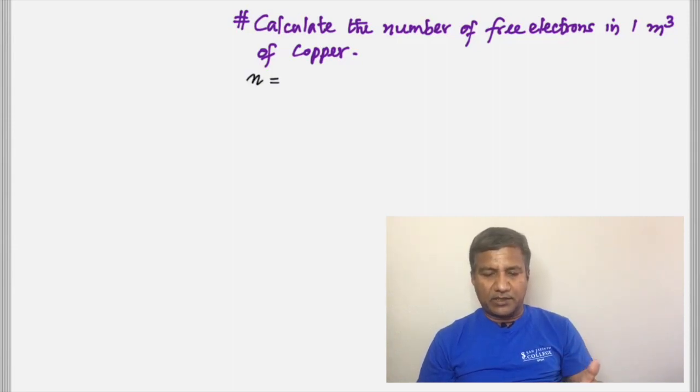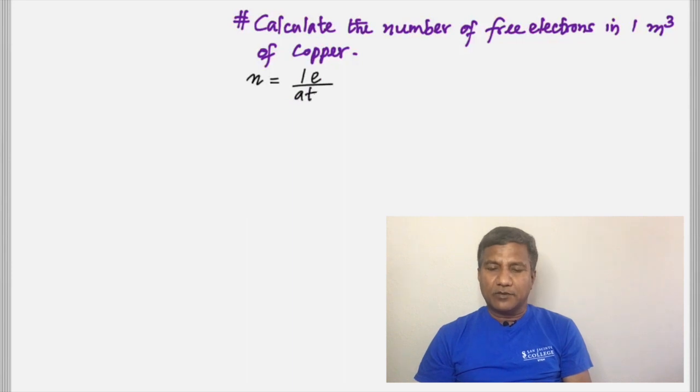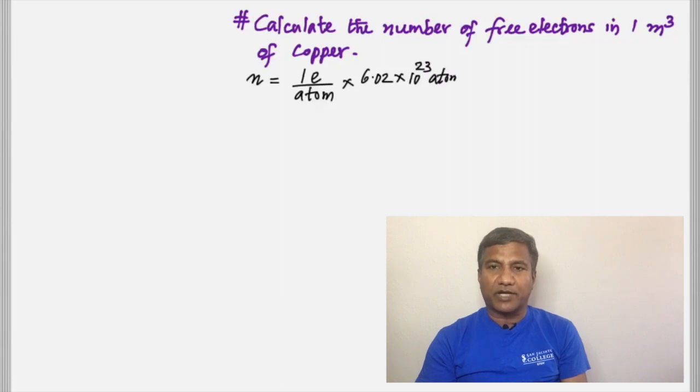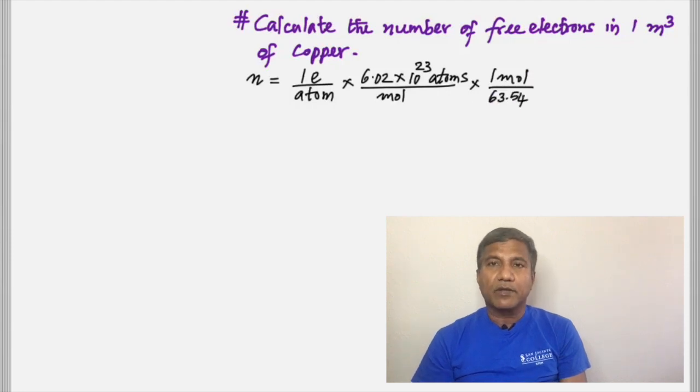To calculate n, which is the number of electrons in 1 meter cube, there's one electron per atom, and the Avogadro number gives you the number of atoms per mole. The number of atoms per mole is 6.02 times 10 to the 23, and because the atomic weight of copper is 63.54, that many grams will make 1 mole.